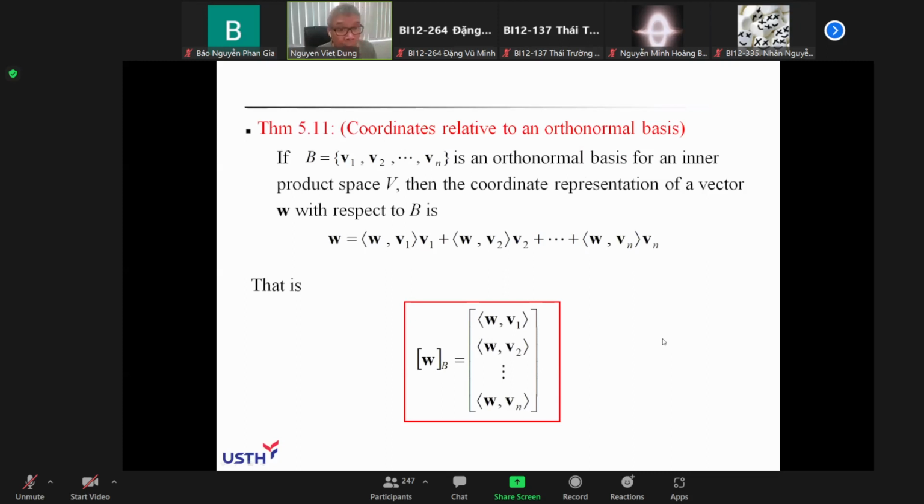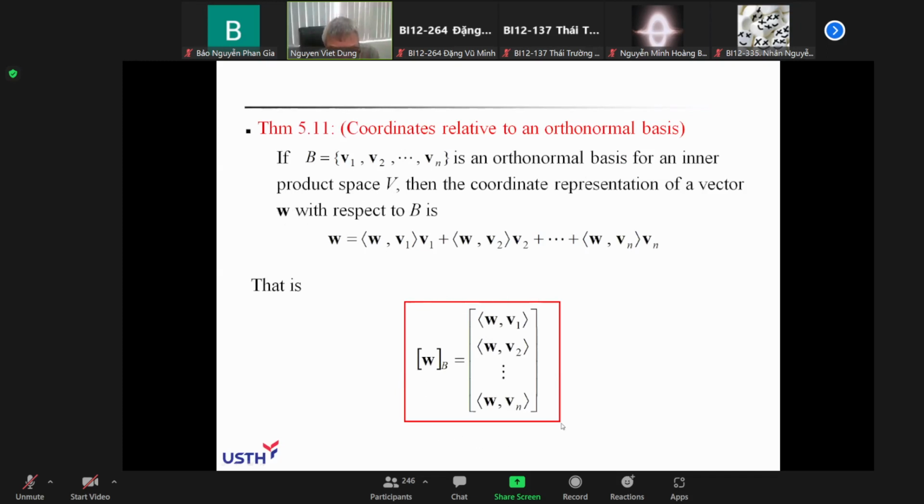And one of the advantages of an orthonormal basis is that if you are given an orthonormal basis in an inner product space V, then the coordinate column of any vector W inside V can be given like that.